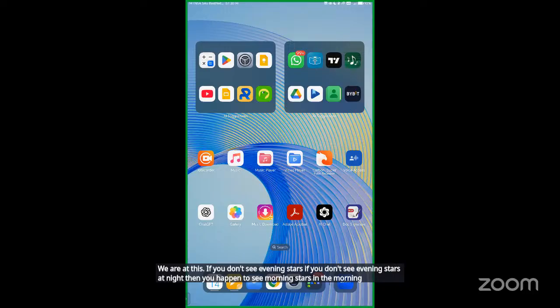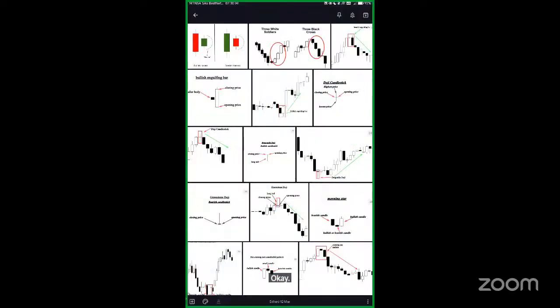If you don't see morning stars in the morning, what should you expect to see at the bottom of the downtrend?